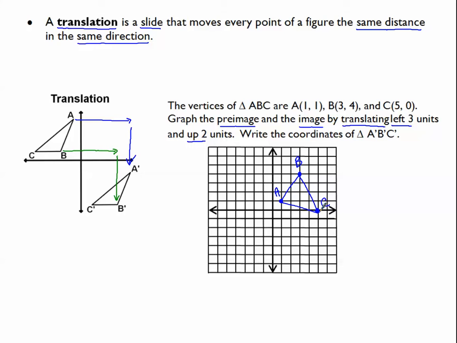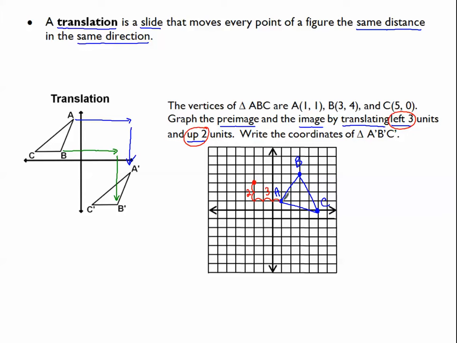Now we're going to slide left 3 and up 2 to translate. So each point will do the same thing. Left 3 units. So from point A, we go 1, 2, 3 to the left, and up 2 units: 1, 2, up.